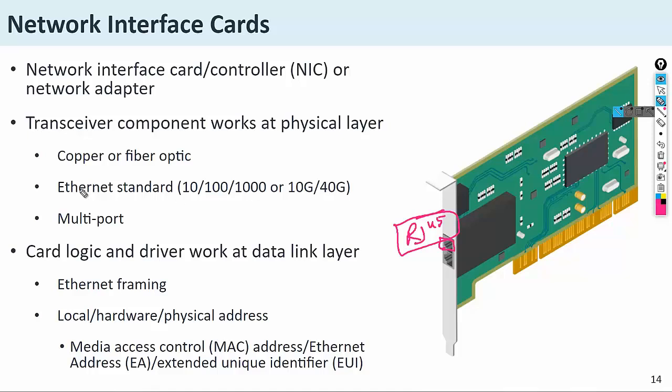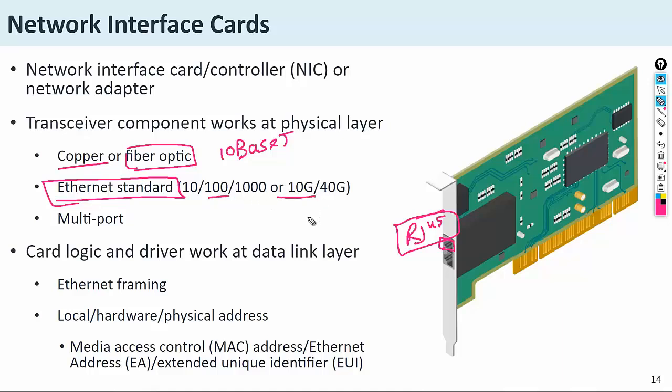Some cards support copper cable and some support fiber optical cable. These cards also follow some Ethernet standards, which we have discussed, like 10BASE-T, right? If you remember, 100BASE-T or 10G like this. And there is a possibility of having multiple ports, like a switch.